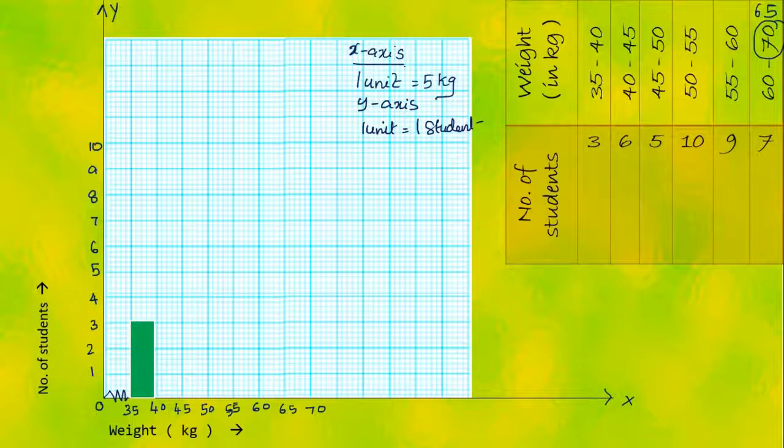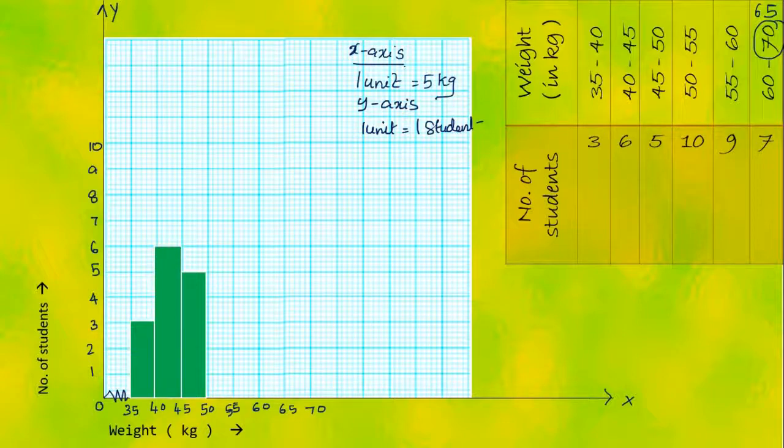Yeah, it is like this. Then the next is 40 to 45 and the frequency is 6. So we are going to construct another rectangle with a height of 6 units, correct? Then 45 to 50. What is the frequency here? 5. Yeah, we have drawn the rectangle up to 5.